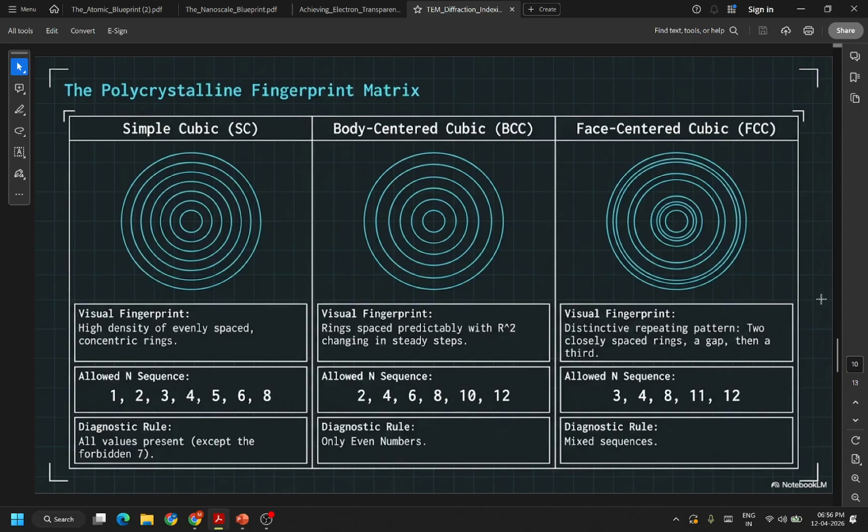So the diagnostic rule will be all n values will be present except the forbidden values such as 7. Then for body centered cubic, we will have rings spaced predictably with r square changing in steady steps. So the allowed n sequence will be 2, 4, 6, 8, 10, 12. So the diagnostic rule will be that only even numbers will be there.